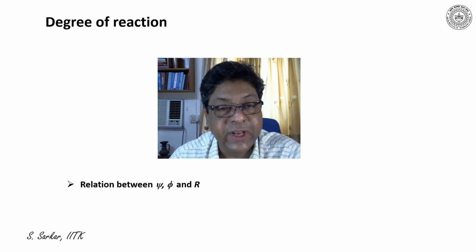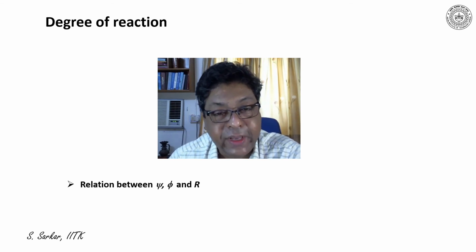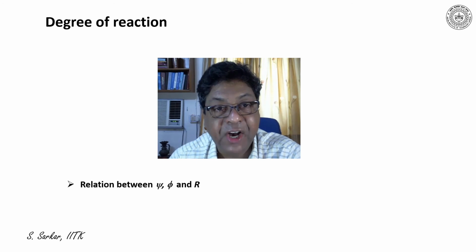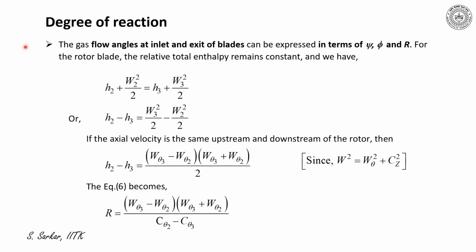Let's continue the discussion, and now I'll derive a relation between xi, phi, and R. The gas flow angles at inlet and exit of the blades can be expressed in terms of xi, phi, R. For the rotor blade, the relative total enthalpy remains constant, and hence we can write H2 plus W2 squared divided by 2 must be equal to H3 plus W3 squared by 2.